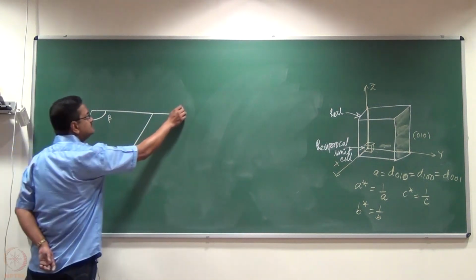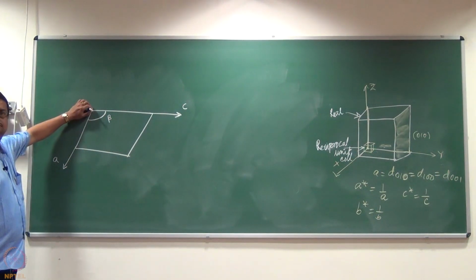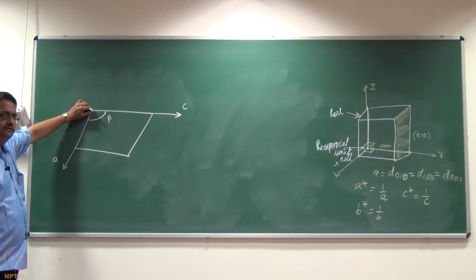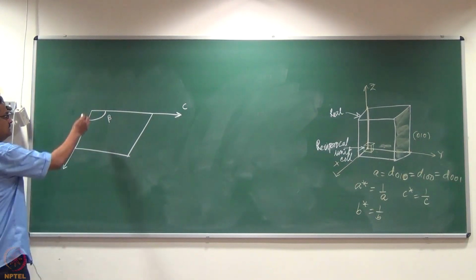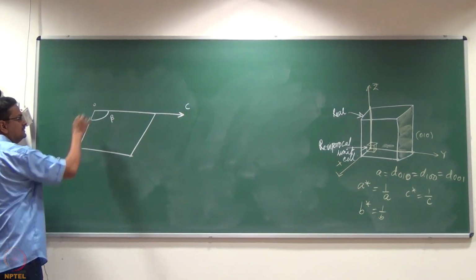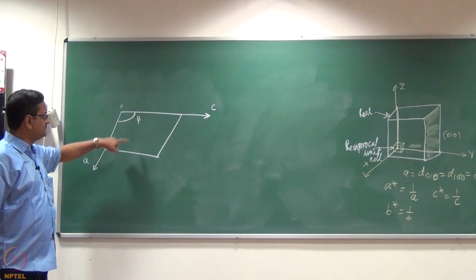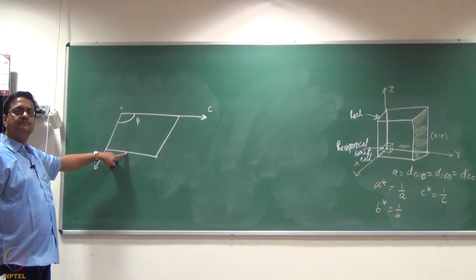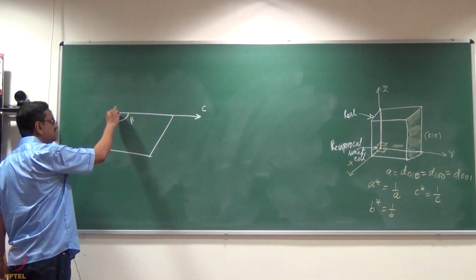A and C. Your B is here. And B is perpendicular to both A and C. So now, taking this as origin, following the same rule, what is the perpendicular distance between these two?